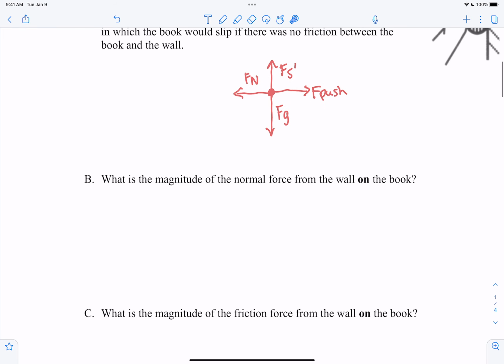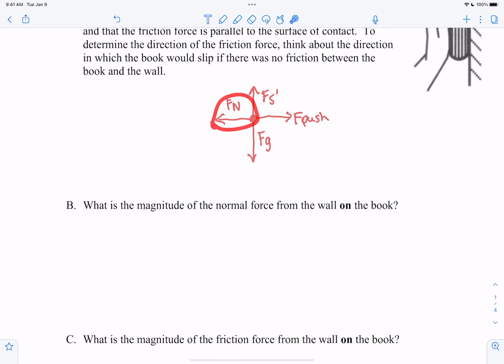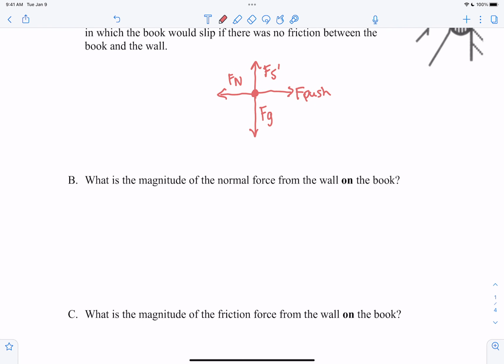Part B then, we move on to part B. It says, what is the magnitude of the normal force from the wall on the block? Or on the book, sorry. So we want to find out this normal force here, right? So this is kind of like an action-reaction pair in a sense, right?